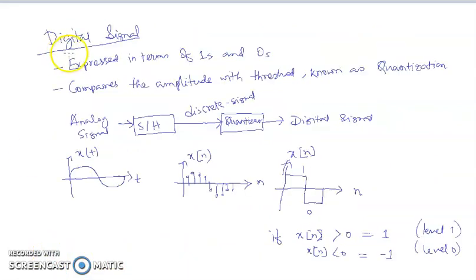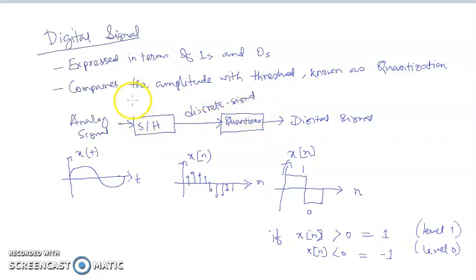A digital signal can be defined as a signal expressed in terms of ones and zeros. It has only two types of amplitude, either 1 or 0. An analog signal can be converted into a digital signal through a sample and hold circuit and quantization.